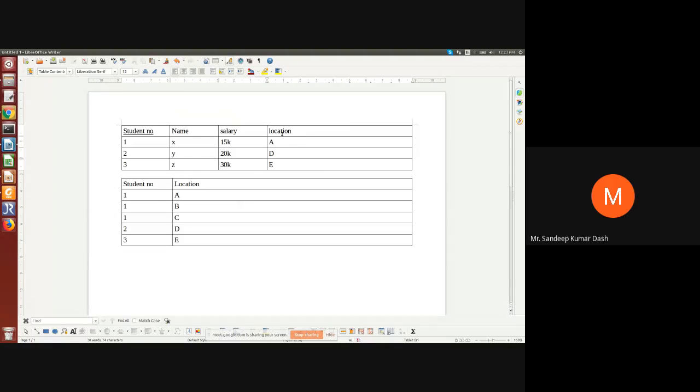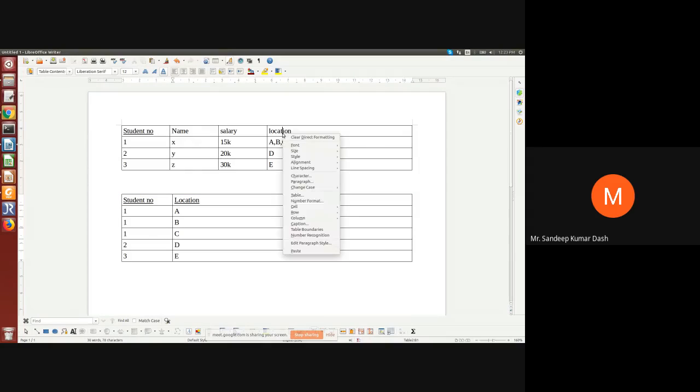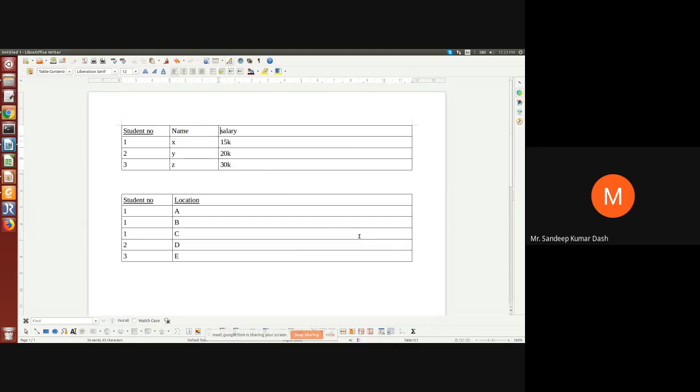Got? This was my previous table. Okay, in order to accommodate this one, I created another table with the primary key of the existing relation and the multivalued attribute that was present here. So this one will be removed from here. Now from the previous table you got two tables, this one and this one.